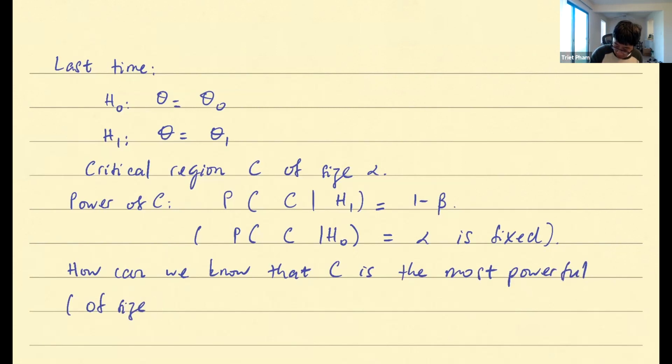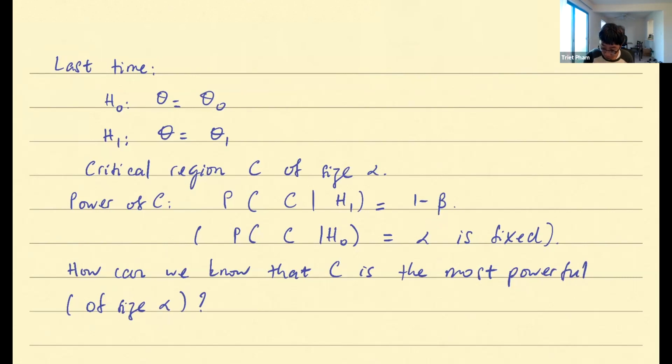In other words, it's the most powerful of size alpha. Because if you change alpha, then you have more room to change beta. If alpha increased, then beta decreased, for example.